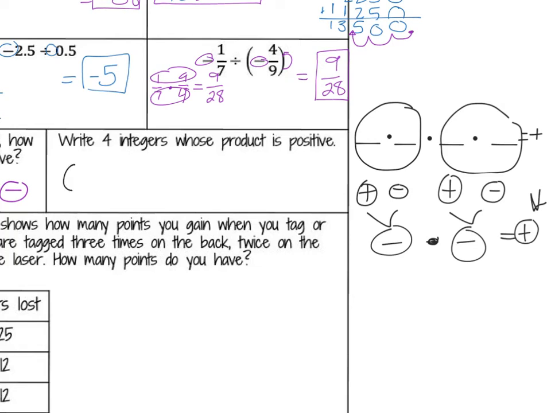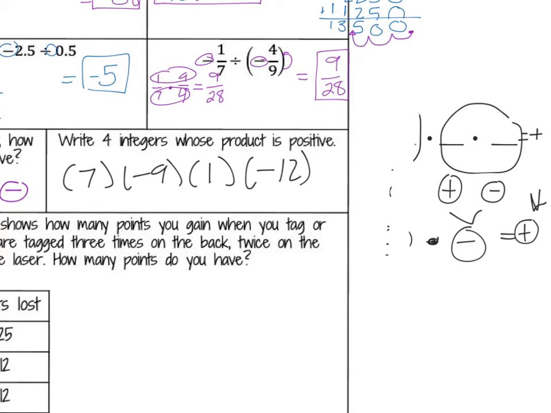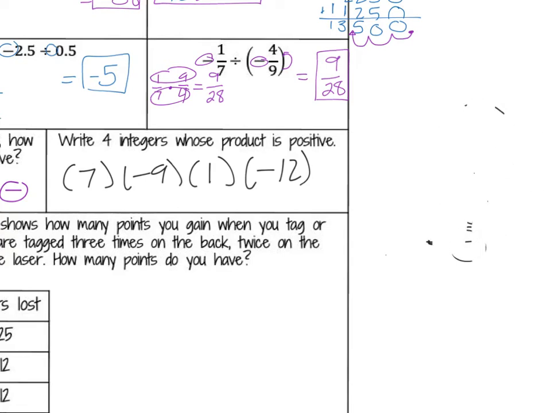So let's do positive 7 times negative 9 times 1 times negative 12. That would have a positive answer. So as long as it has an even number of positives and negatives.